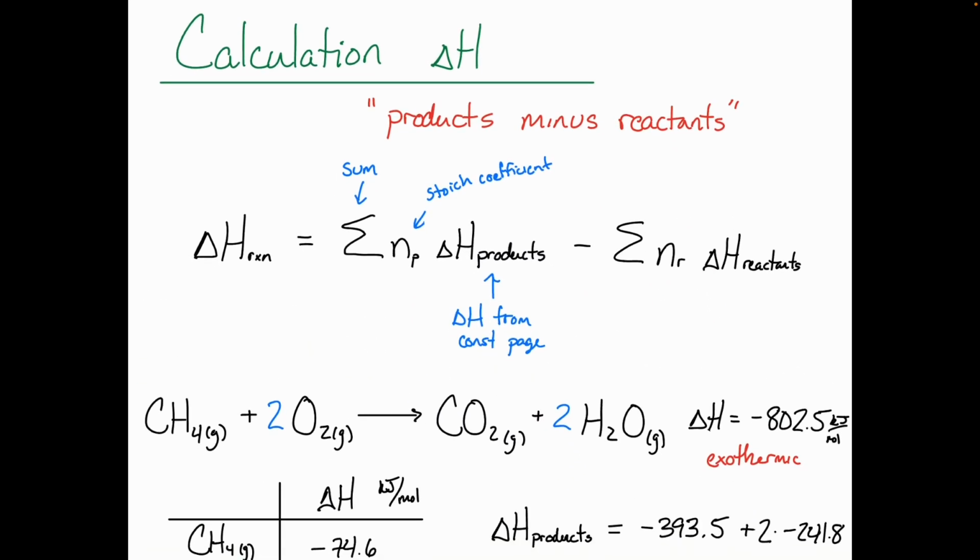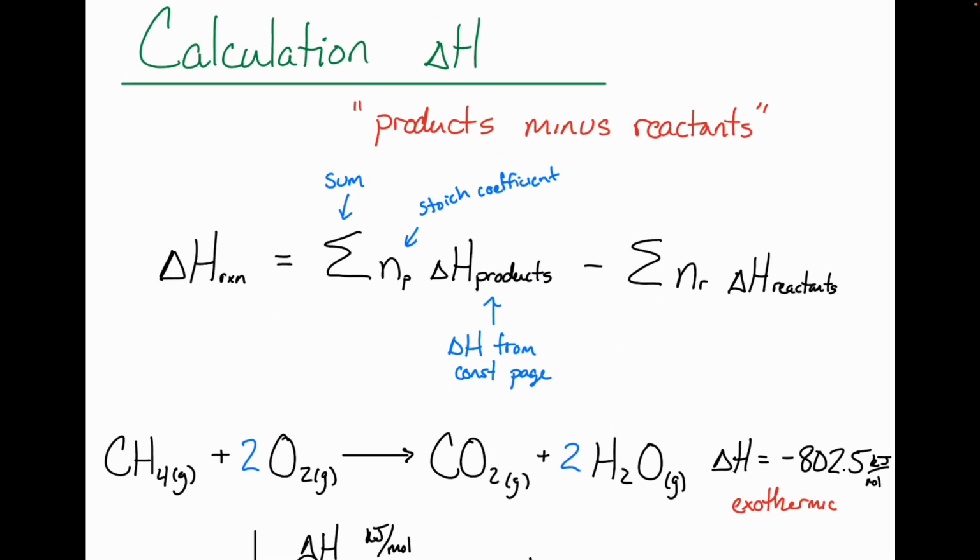We can look up the enthalpy of formation of each compound on our constants page, and we could take the sum of the products minus the sum of our reactants to give us the change in enthalpy of this overall reaction. So as long as you can look up all your reactants and all your products on your constants page, you can calculate your delta H for any reaction. All right, so today we're actually going to just practice both of these methods here.